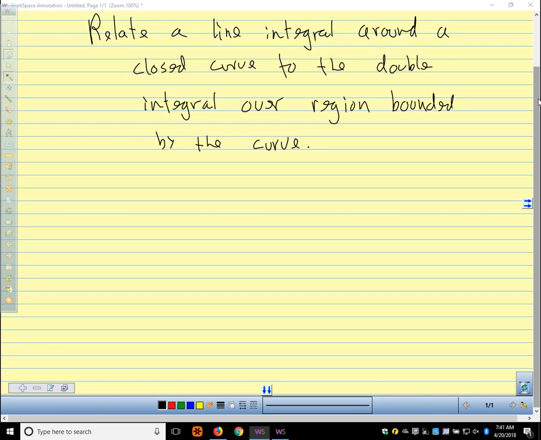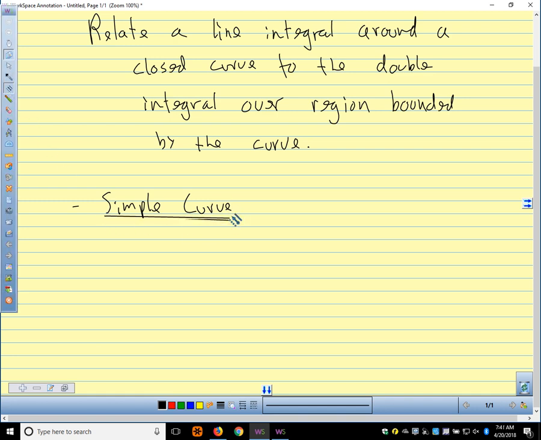All right, we need to start out. We have some new terminology. So we need to define what we call a simple connected region. So the first thing we need to know is what a simple curve is. A simple curve is a curve that does not intersect itself between its endpoints.